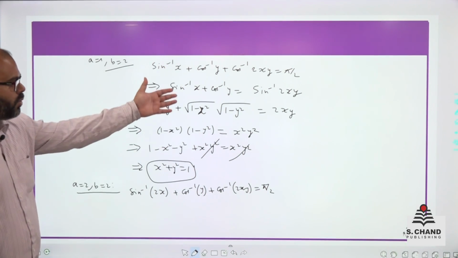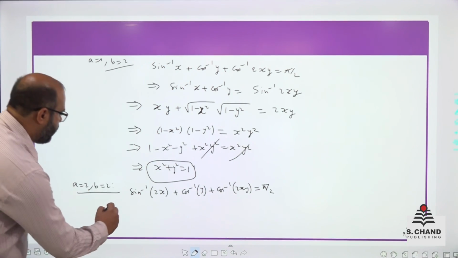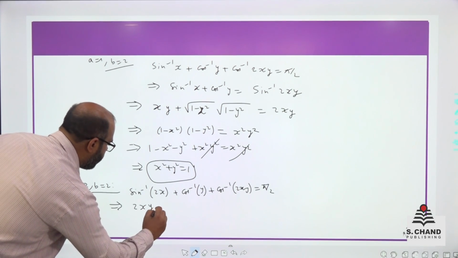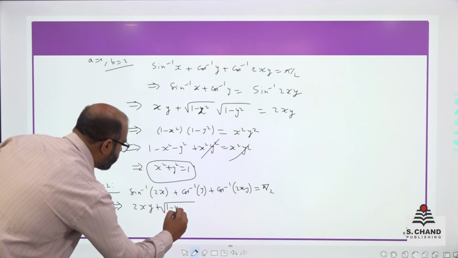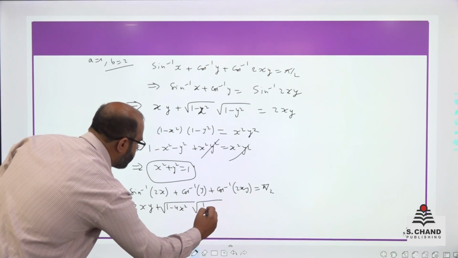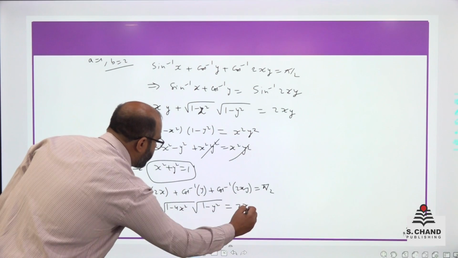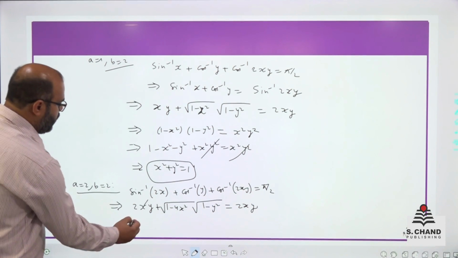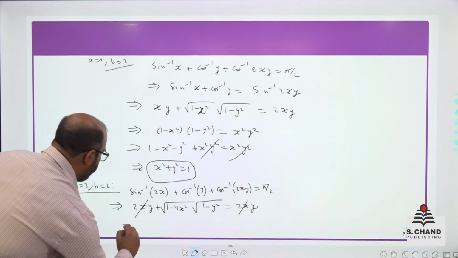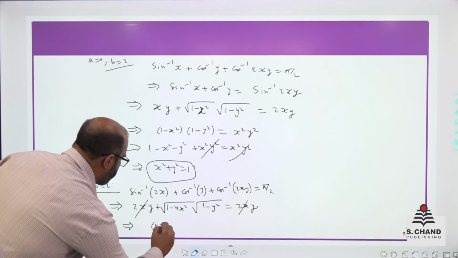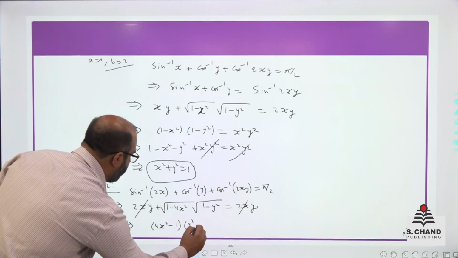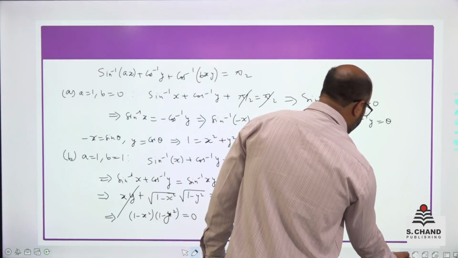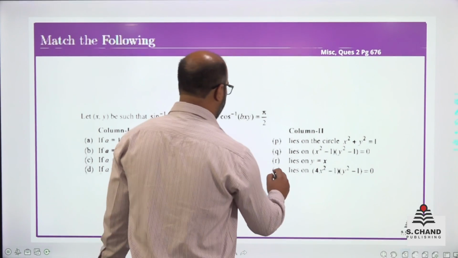Again, we will do the same calculation as we did here, and we will come to this conclusion that it is 2x into y plus root over 1 minus 4x square into root over 1 minus y square is equal to 2xy, right? And then we will cancel this from both the sides, and we will get, after squaring, 4x square minus 1 into y square minus 1 is equal to 0. Is there any such option? Yeah, option S.